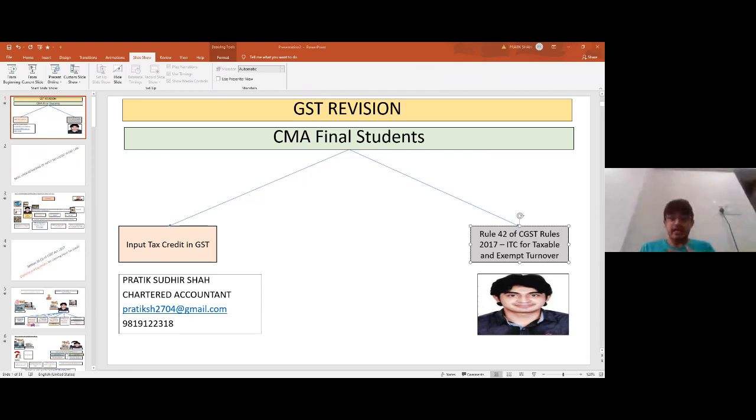Again, query 2. Poor recipient. Can this recipient avail ITC of the GST of 18,000? The recipient has correctly paid the GST to the supplier. The supplier has not paid GST to the government. Can I take the ITC? What did we just learn? As per 16(2), the recipient can avail ITC only when the supplier actually pays GST to the government, either through his electronic cash ledger or through his electronic credit ledger.